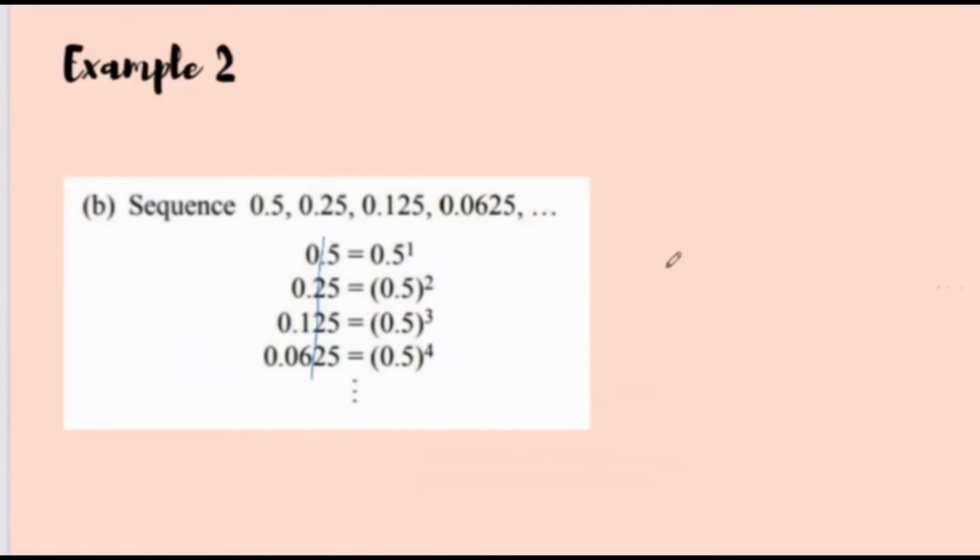The second step, which I told you at the previous example, is first we write down the similarities, which is 0.5. And what should we write for 1, 2, 3, 4? We should write it as n.